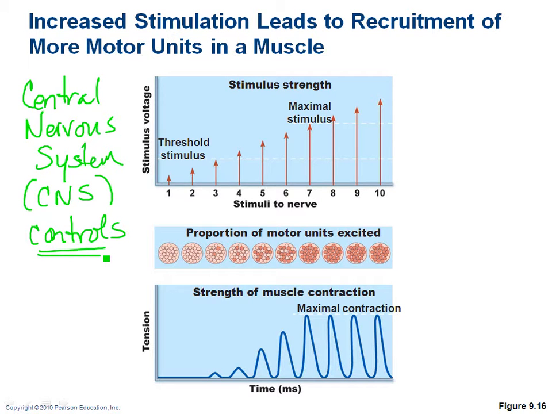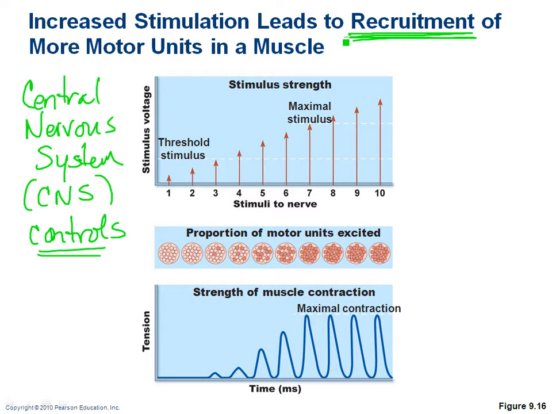If you need to contract a muscle more forcefully, the central nervous system will recruit more motor units for contraction. If you need to make a little wimpy, delicate movement with a skeletal muscle, the central nervous system is going to recruit fewer motor units to contract.